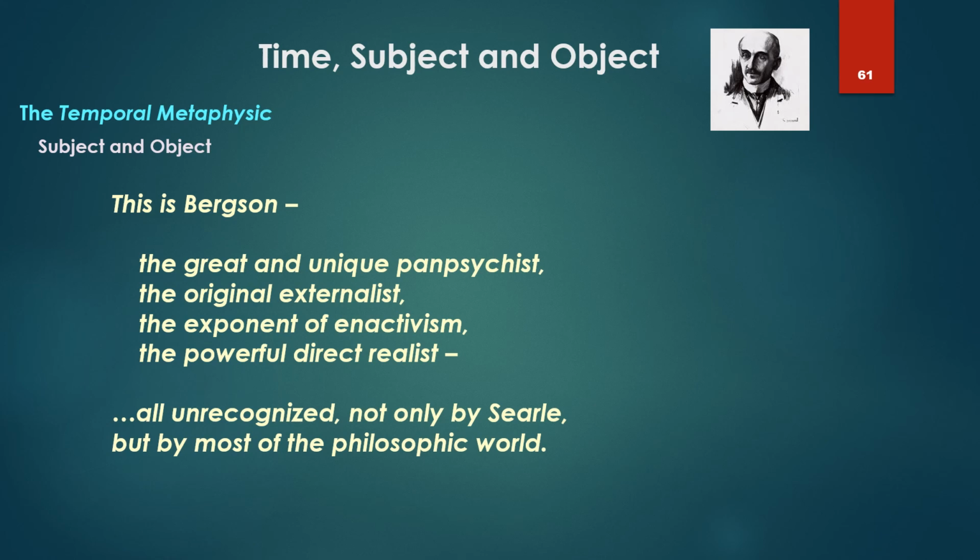This is Bergson, the great and unique panpsychist, the original externalist, the exponent of enactivism, the powerful direct realist, all unrecognized not only by Searle, as we started at number 1, but by most of the philosophic world.